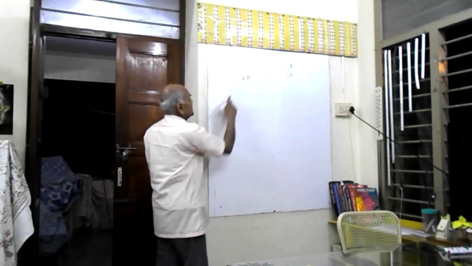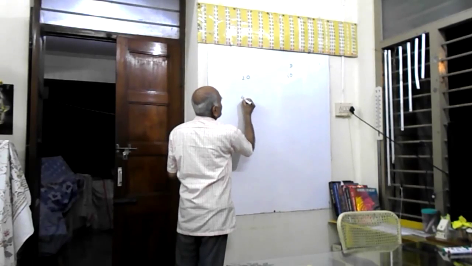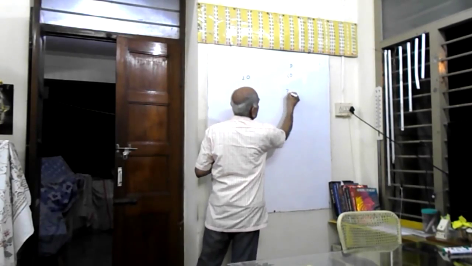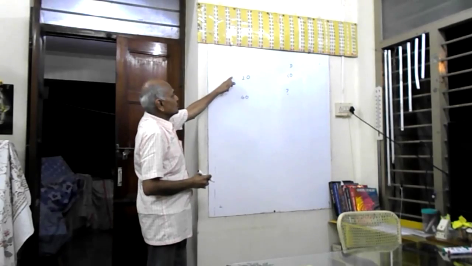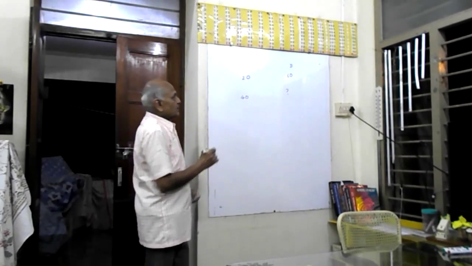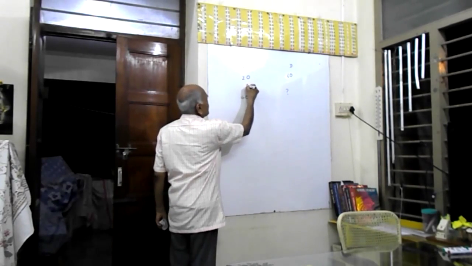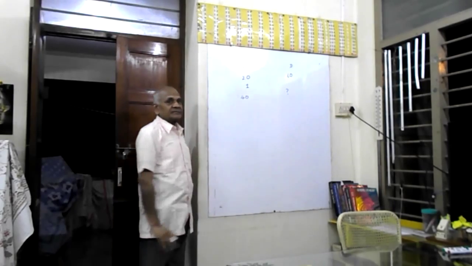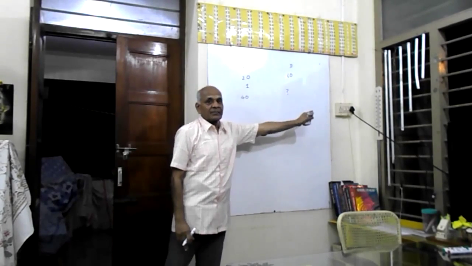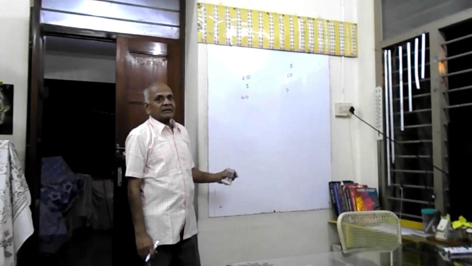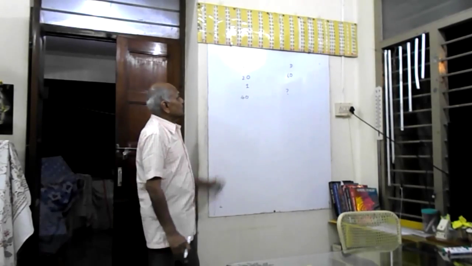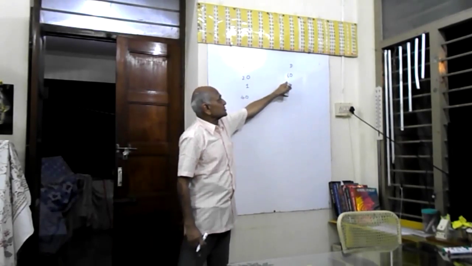20 workers, 60 days. 40 workers, how many days? This is the question. Some number to some other number. Let us find it in our mind. We are not going to write it on the paper. It will go through our mind, but not on the paper. 20 workers can finish in 60 days.